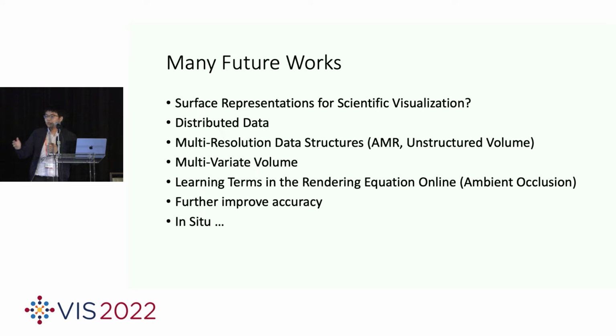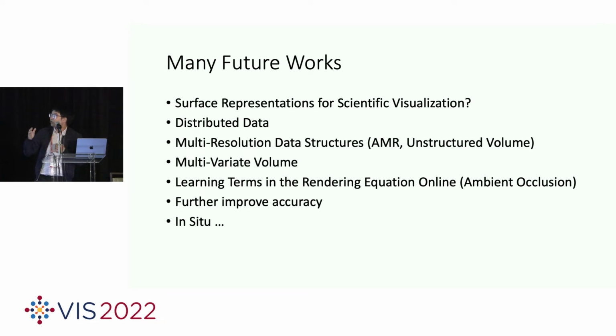We have also been looking into distributed data. In fact, we're presenting another poster this week talking about this early preliminary result. And we also want to explore multidimensional data structures such as AMR and unstructured volumes, which are commonly used in modern simulations.